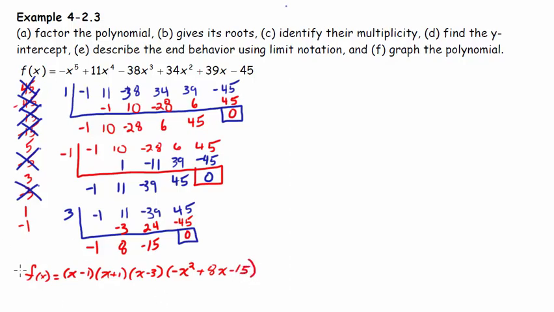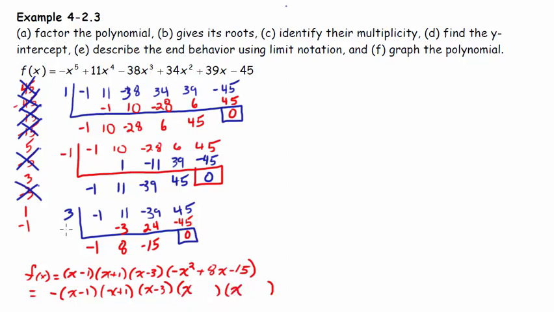Alright, we can factor out a negative from this quadratic term. So I'm going to get negative x minus 1, x plus 1, x minus 3. Alright, and then once we factored out that negative, we get an x here and an x here.